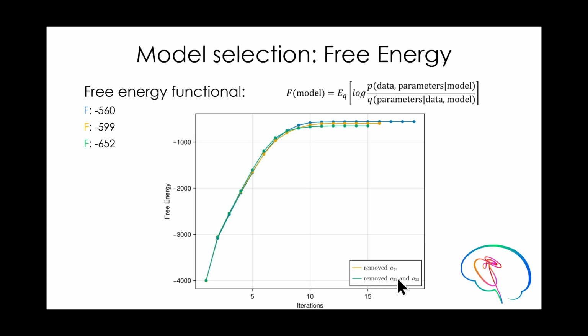And model 3 has this connection and also another connection from 2 to 3 removed. So as you can see, the comparison works because as you move further and further away from the ground truth model, the free energy functional becomes worse and worse. And this is the metric that we apply to do model selection at the end of the DCM process.